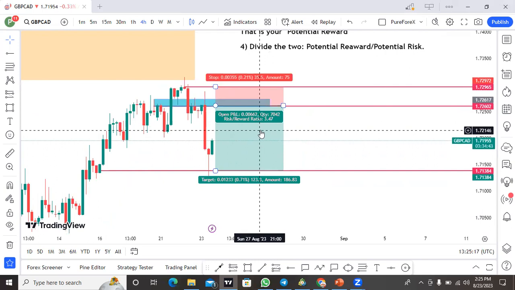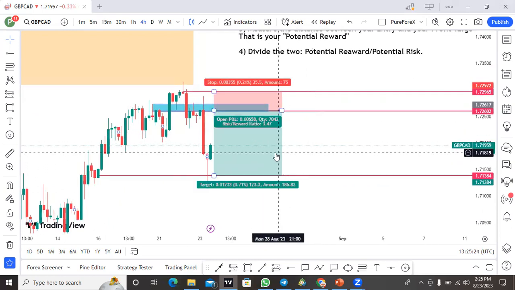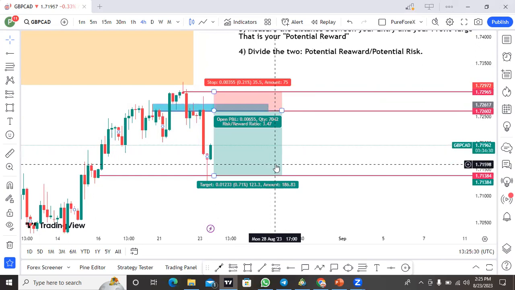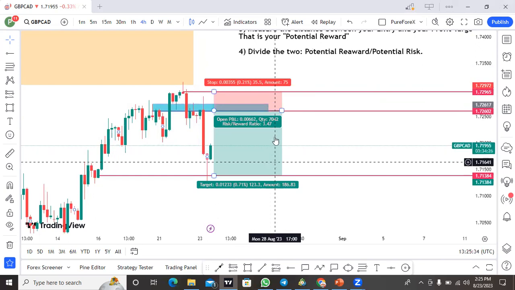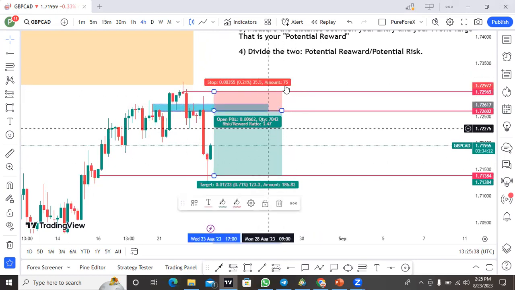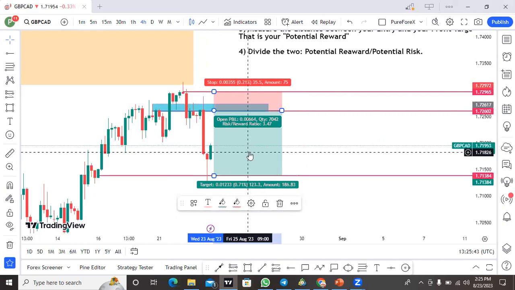If you want to do it manually, what you are going to do is divide the potential reward. What is our potential reward in this example? Our potential reward is $186, which we divide by our potential risk, which is $75, right? $186 divided by $75 gives us 3.